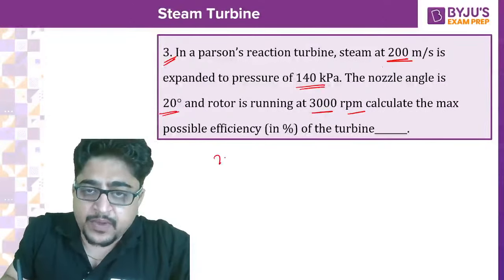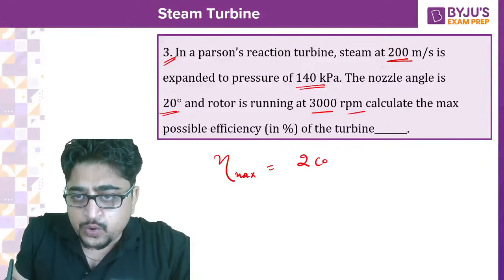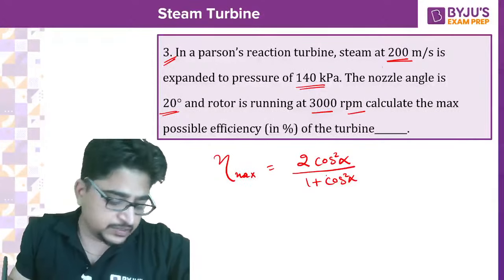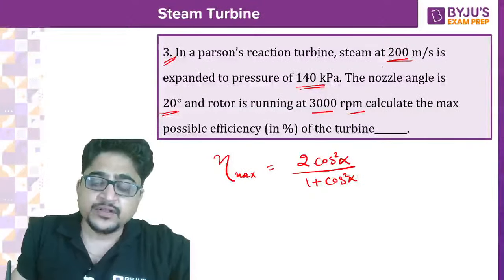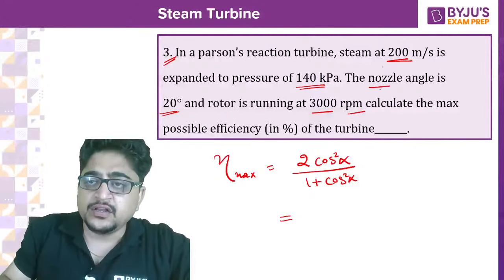So the maximum efficiency for reaction turbine is 2 cos square alpha upon 1 plus cos square alpha, where alpha is the nozzle angle.